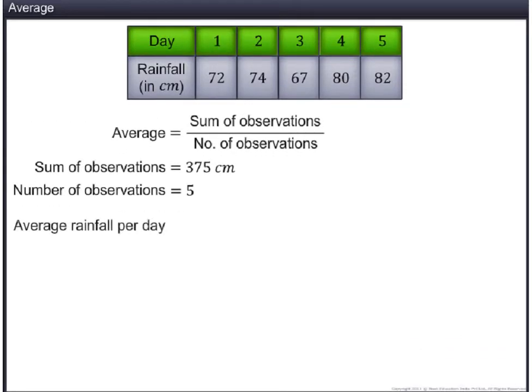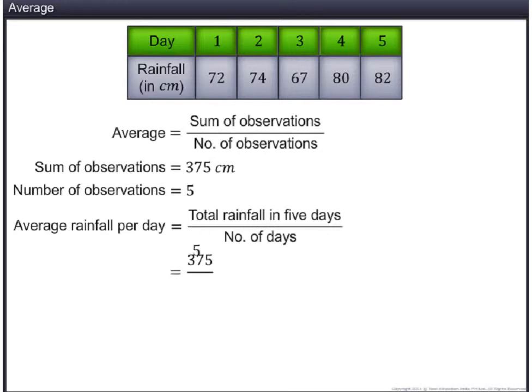The formula for finding the average daily rainfall is given by the total rainfall in 5 days divided by the number of days. On substituting the values and simplifying, we get the average daily rainfall as 75 centimeters.